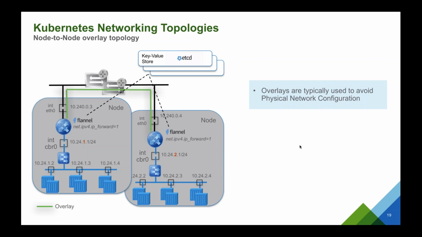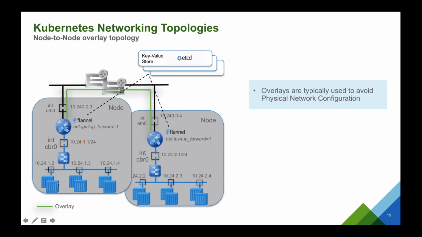And here, instead of asking for routes on the downstream network, the nodes themselves learn each other's subnets through a centralized key value store. In Kubernetes, they're using the same key value store that Kubernetes itself uses. And then they basically distribute the reachability information between all those nodes.